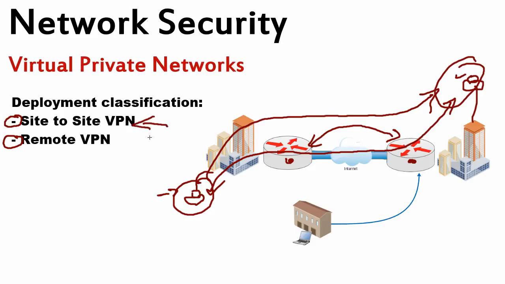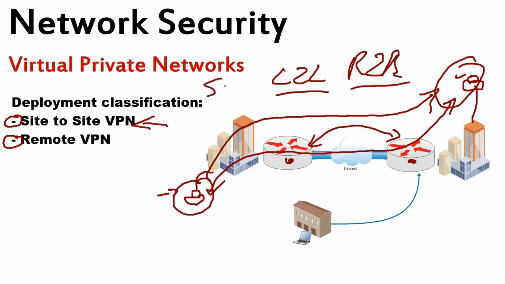Sometimes you will hear people call it LAN to LAN, or I think Microsoft like to call it router to router VPN. That is not a very popular term. Site-to-site VPN, LAN-to-LAN VPN. What we mean by that, this is LAN, local area network. Let's call it LAN 1. And this is local area network 2.